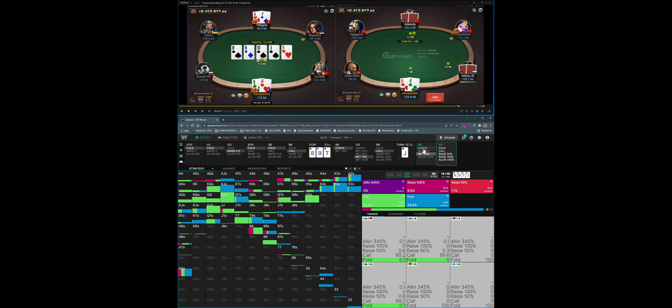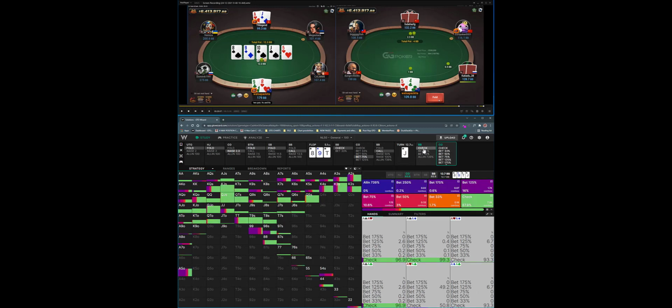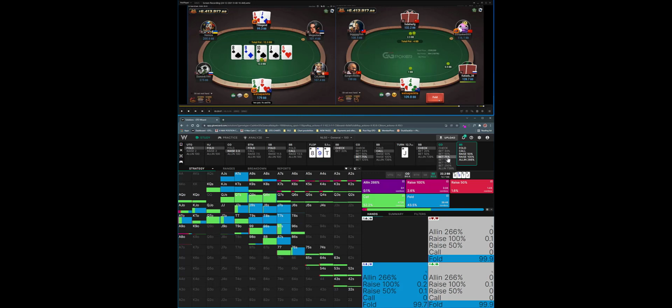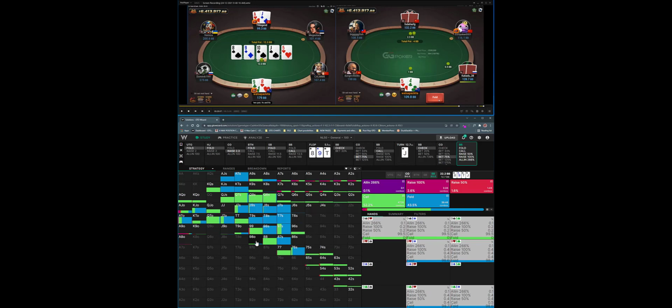That's good. I check. And then the cutoff bets 50%. Let's say he bets 75, which would have put me in a tough spot, I would think. And the preferred action for the 9/8 looks like it's about 50-50. So toss a coin on that one.